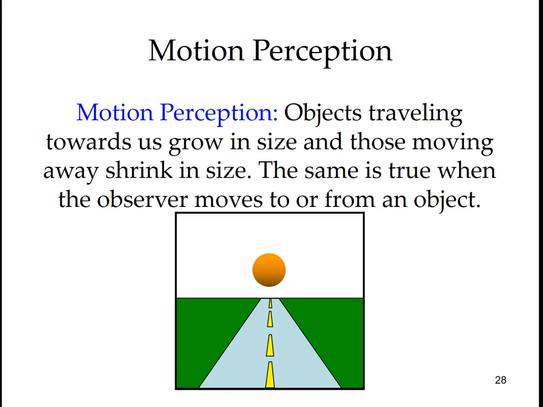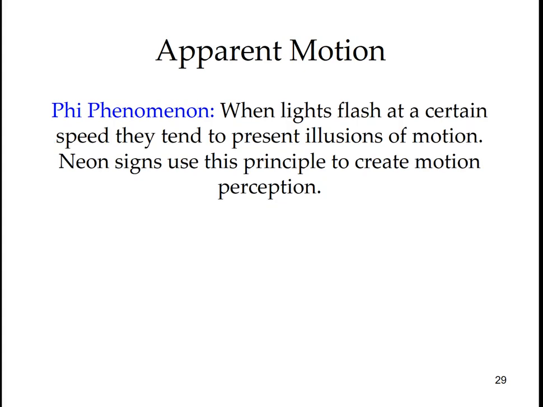The same is true when the observer moves to or from an object. The phi phenomenon: when lights flash at a certain speed, they tend to present illusions of motion. Neon signs use this principle to create motion perception.